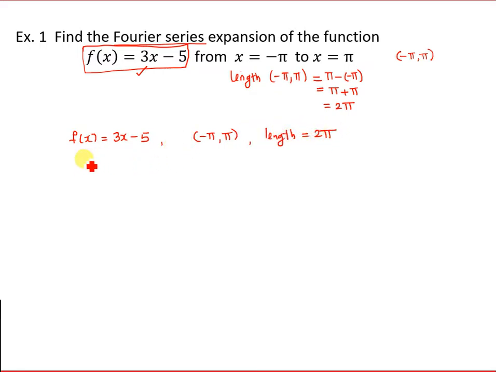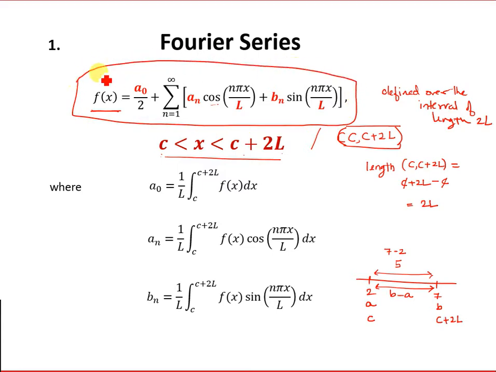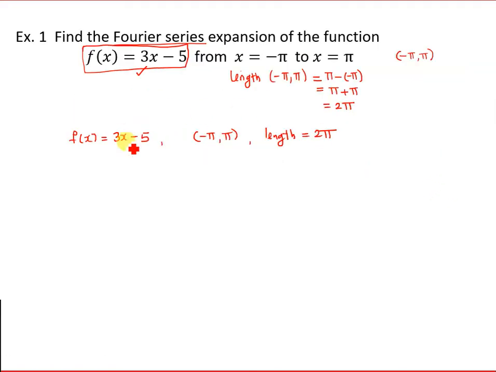Now, we are going to use this Fourier series expansion which is given by this rule, for a function defined on the interval c to c plus 2l with the length 2l. So, the interval is c to c plus 2l, length is 2l.